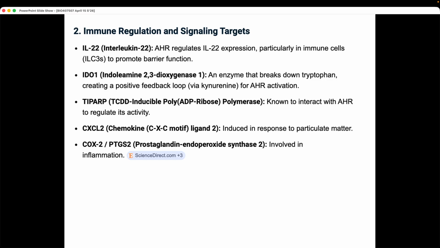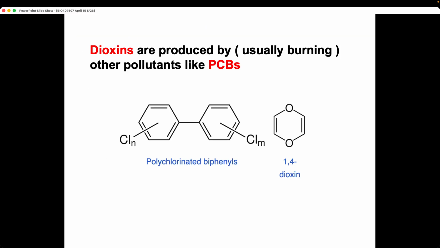There are more roles than that, but I'll limit it to that. We think about the aryl hydrocarbon receptor primarily playing this role in helping eliminate xenobiotic molecules, but it also plays other roles, for example, in the immune system. So dioxin and PCB will decrease immune system function. Dioxin and PCB are considered carcinogens, and I think it's not because they cause mutations, I think it's because they inhibit immune system function, like that.